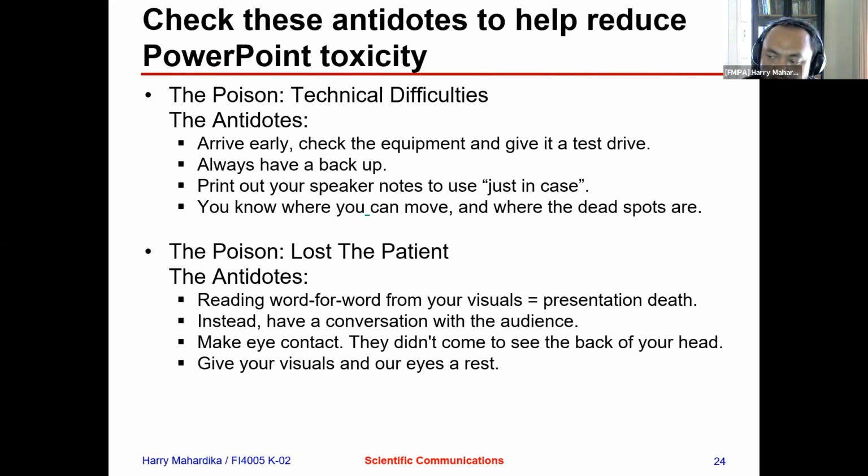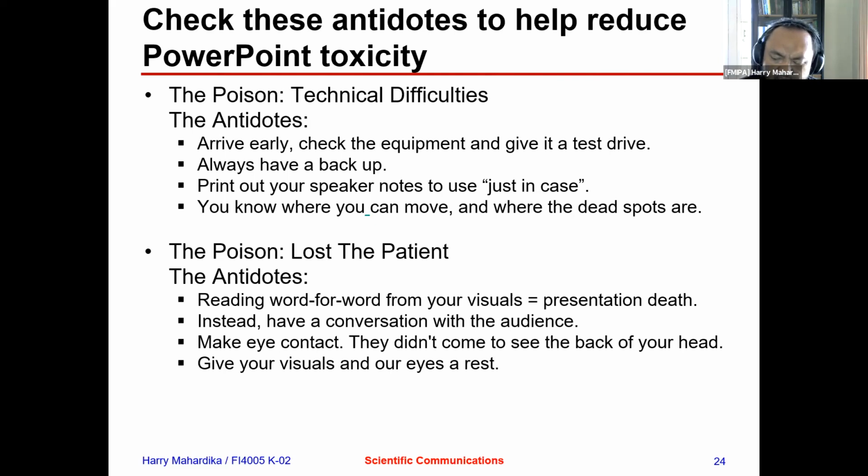And then technical difficulties. The antidotes: they can be managed if you, for example, arrive early, check the equipment, and communicate with the committee about the problem. You should always have a backup plan for your talk in case your defense or scientific communication talk is hindered by technical difficulties.